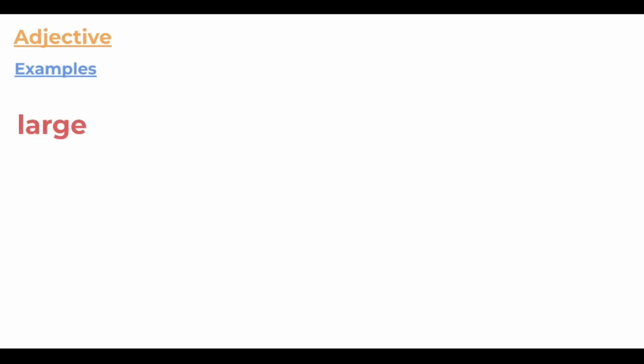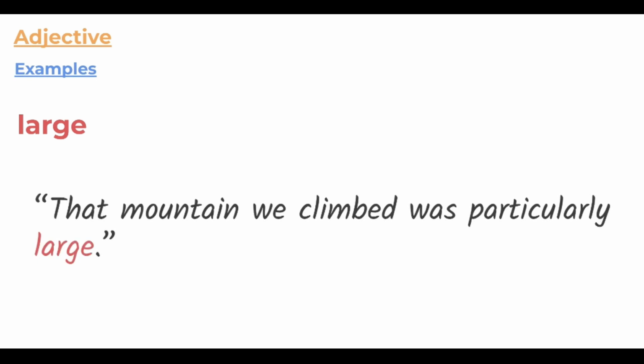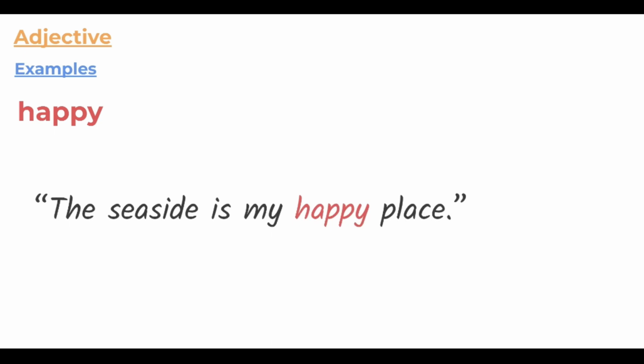Another example, large. That mountain we climbed was particularly large. So describing the size of something. In this case, a mountain. Happy is one that lots of people know and use. The seaside is my happy place. What is happy describing?